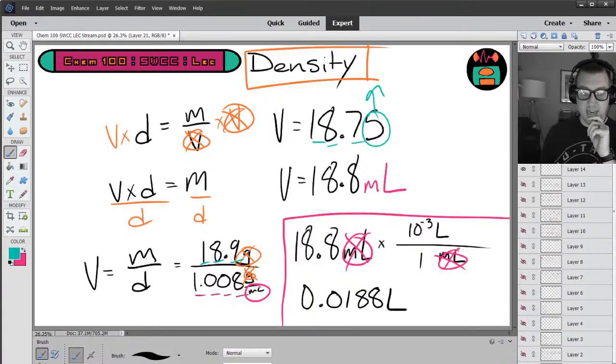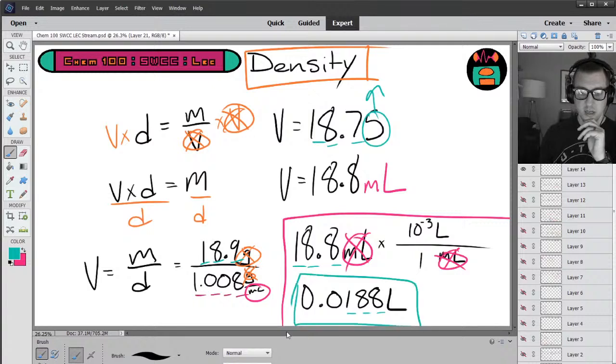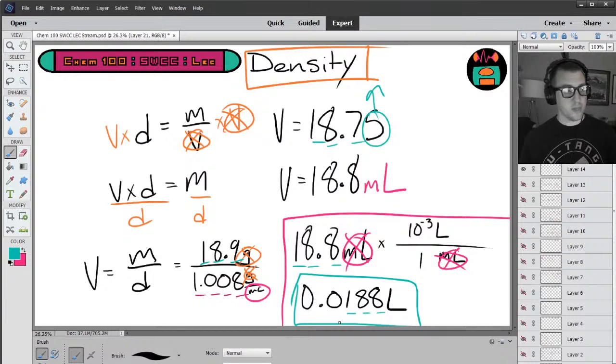And now if you look at our sig figs, 18.8 has 3 sig figs. 0.0188 also has 3 sig figs. So this is our final answer. That is our volume in liters. The volume that 18.9 grams occupy.